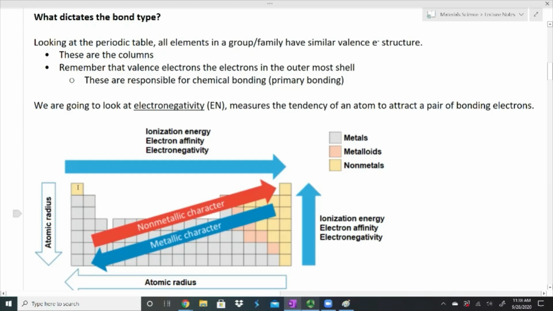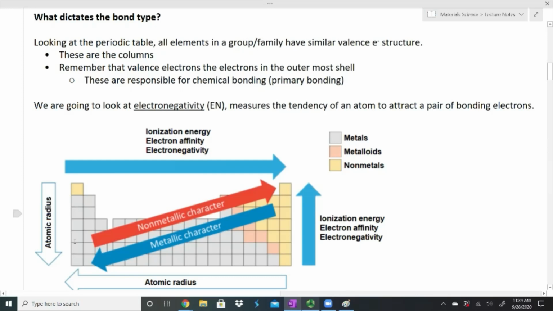Which means if we read from left to right the way that we normally read, like a textbook, we see that every time we get to the end of a row, we come back around and we are in a column that we've already been to before, and so we get similar properties.